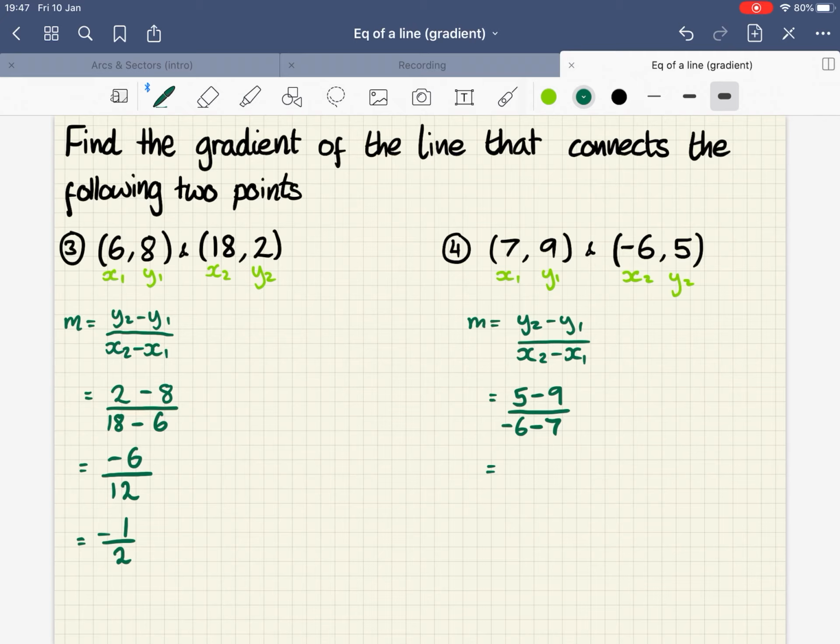So I'm going to have negative 4 on the top. Negative 6 take away 7 is going to be negative 13. Now our numbers can't simplify, but I do have two negatives. Two negatives make a positive, so that's now going to be 4 over 13.